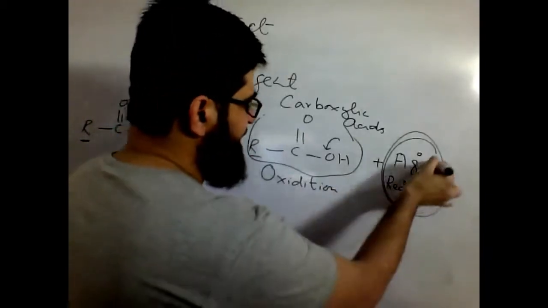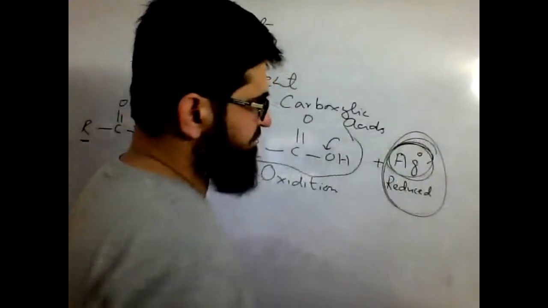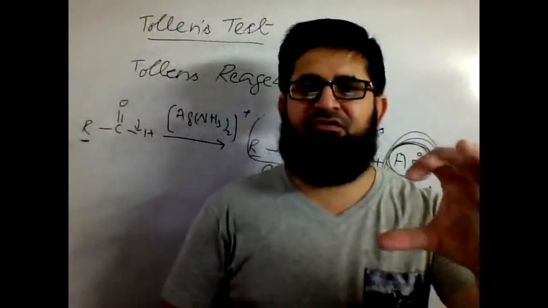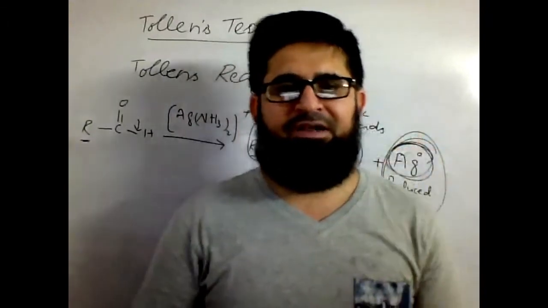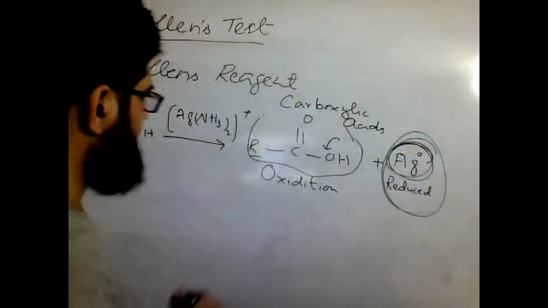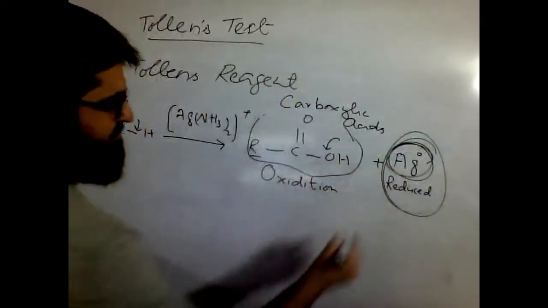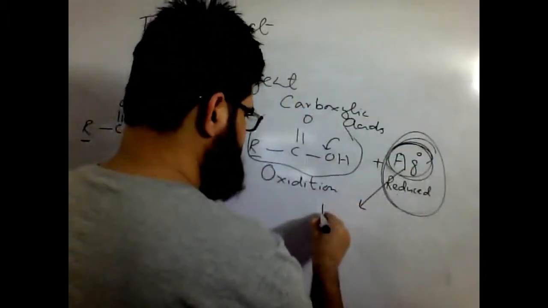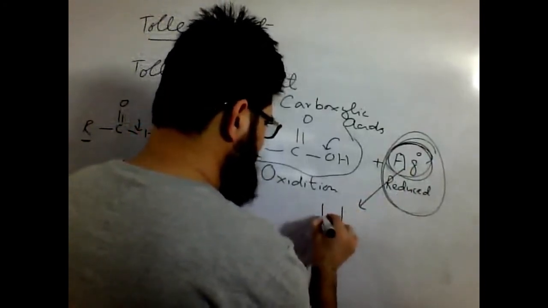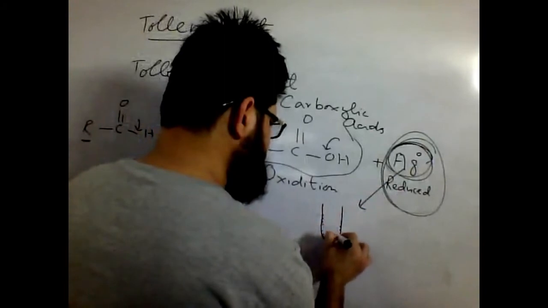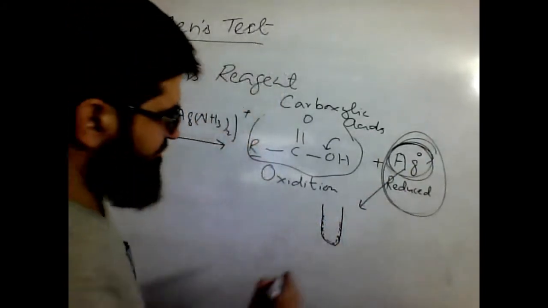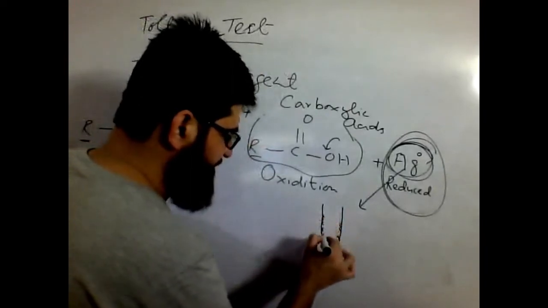We have an idea that metals in their zero oxidation state, that is the main existing form of the silver. This silver, which is in the form of Ag0, gets deposited along the walls of the test tube.